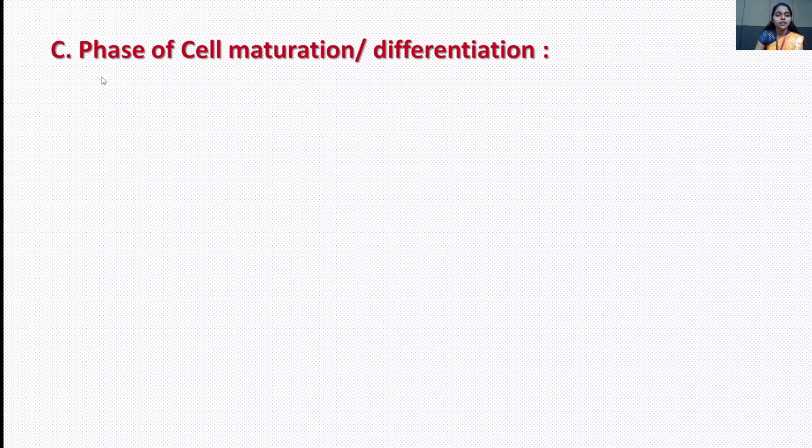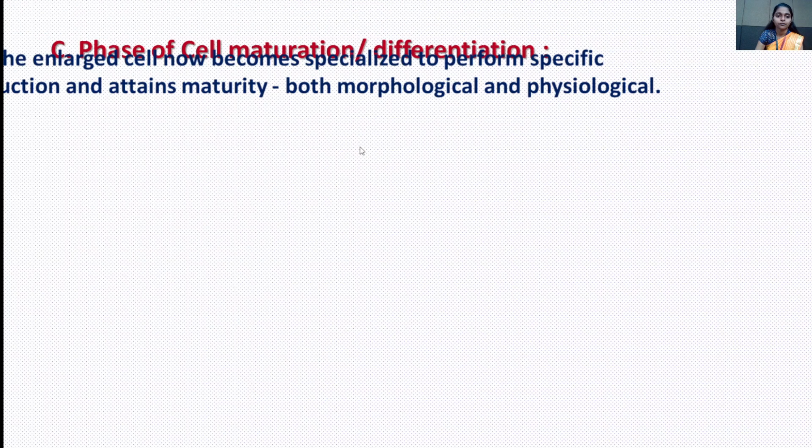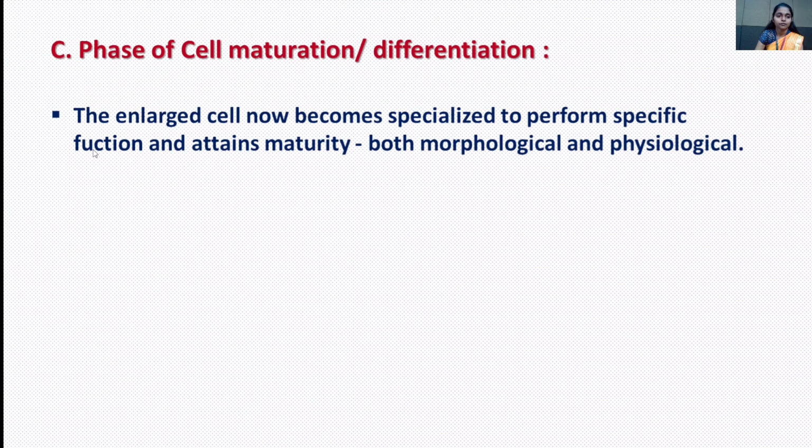Now, the third phase is the phase of cell maturation or differentiation. The enlarged cell now becomes specialized to perform a specific function and attains maturity, both morphological and physiological.